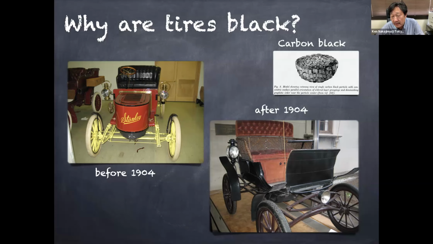But why do people add carbon black to rubber? That's quite a simple reason. Just imagine if you make a tire just from natural or synthetic rubber. You know that rubber can also be used as erasers.